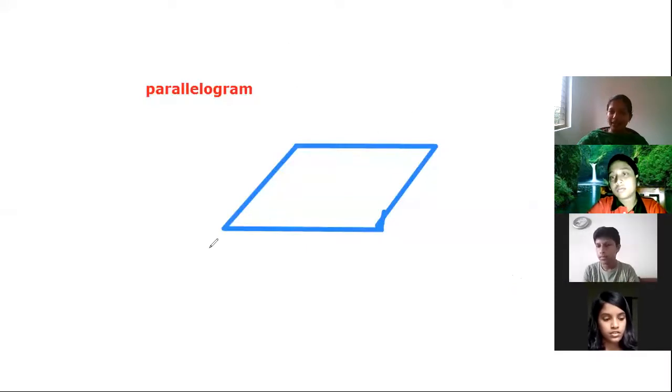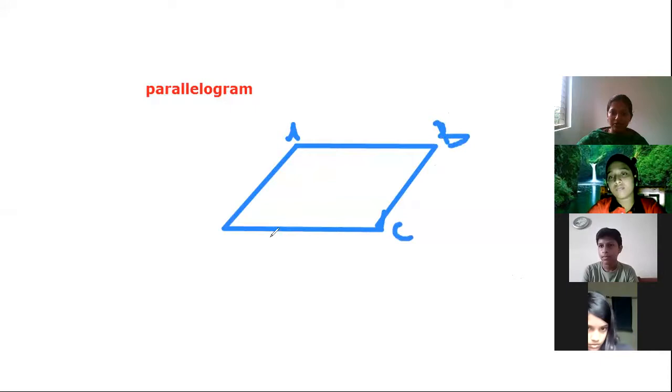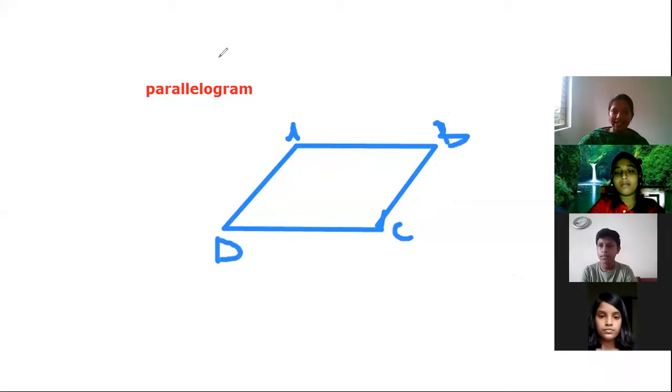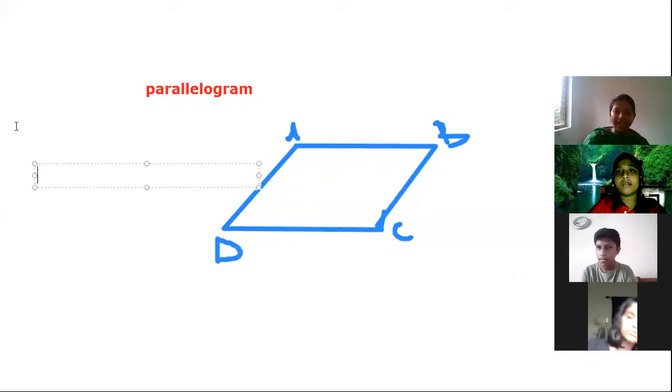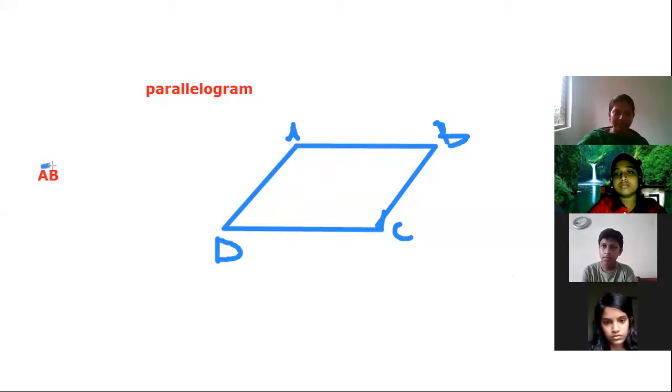That is in the figure ABCD, with vertices A, B, C and D. Line AB, we have to write it as line AB. For that, I am using capital letters, and for representing the line AB, we have to draw a line above the AB. So we can read it as line AB.